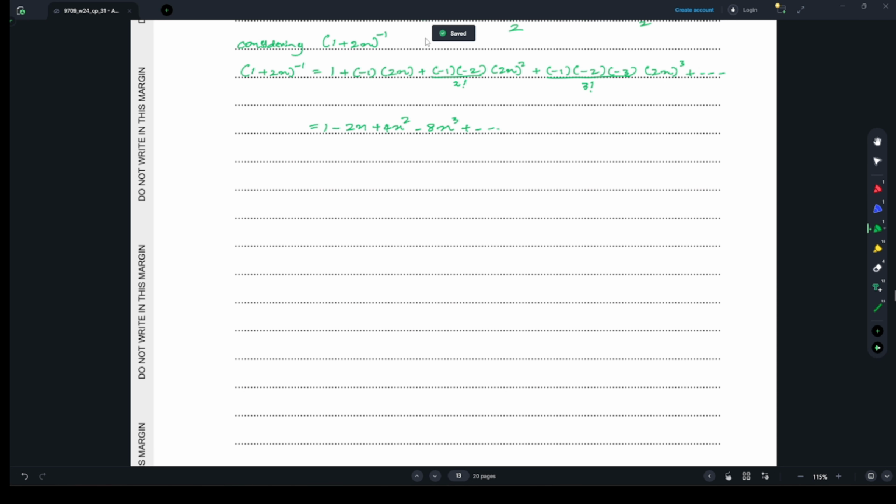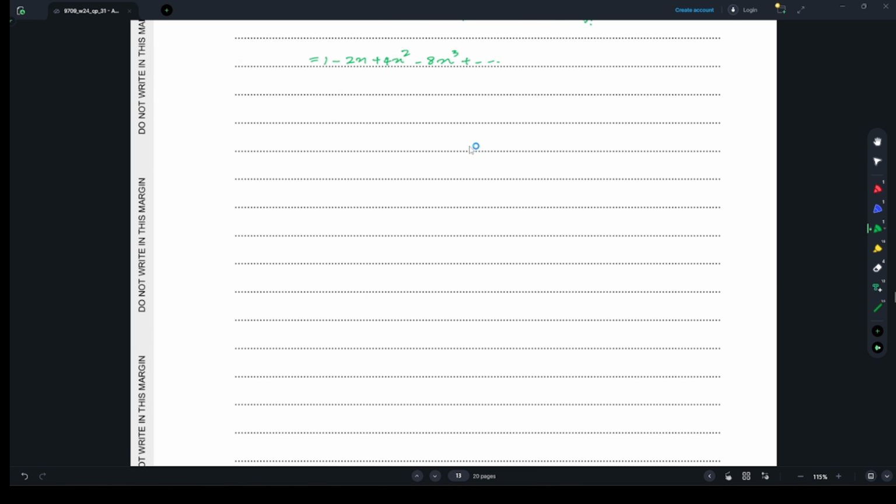Okay, yeah. Then let's consider the other part, considering 1 plus x squared over 2 to the power minus 1. So let's write down the expansion for this one. Always start with 1, then minus 1, then the term, x squared over 2 to the power 1.